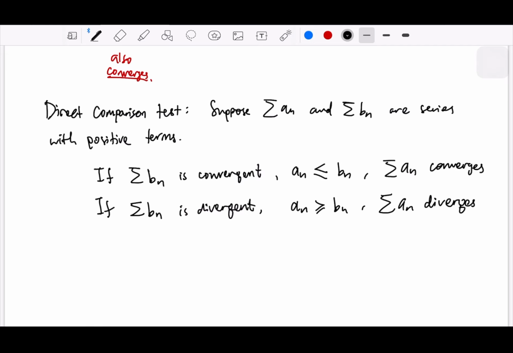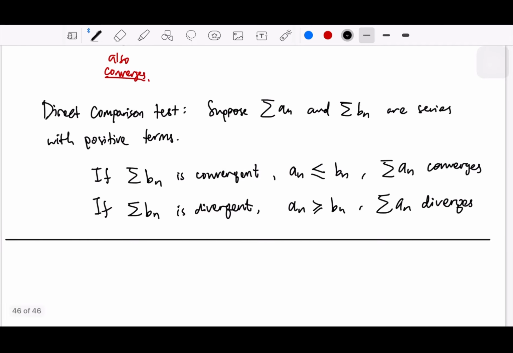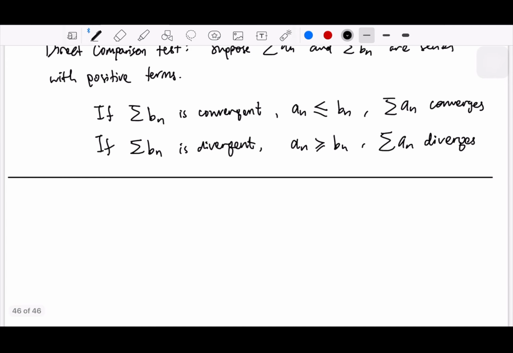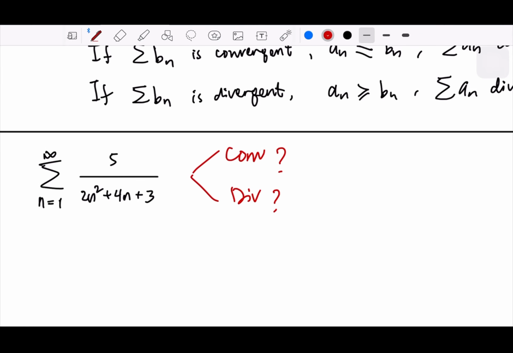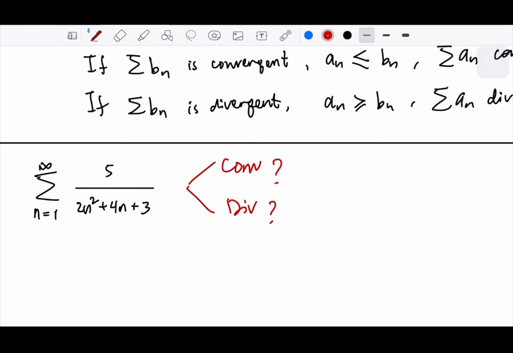Now, how do we apply this direct comparison test? Actually, it's quite simple. For example, if you have this series, and we want to know whether it is convergent or divergent. It's complicated, right?